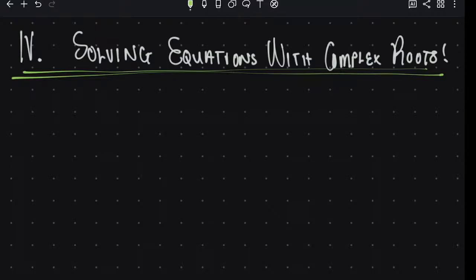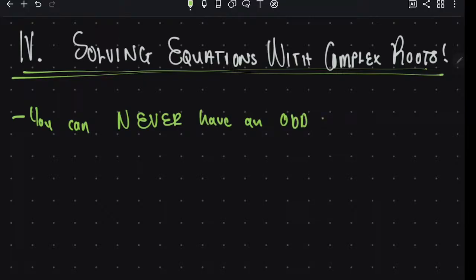So, complex numbers in equations. Write these statements that I want to give you that are going to be very important for this part which we're now doing. You can never have an odd number of complex roots.